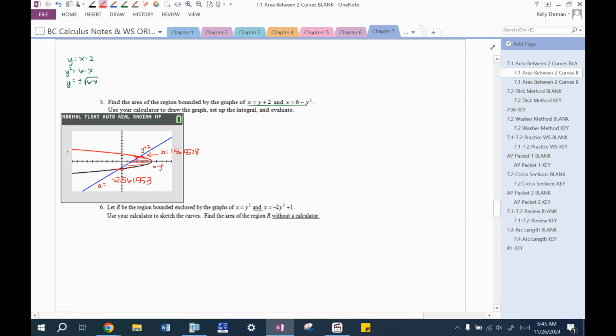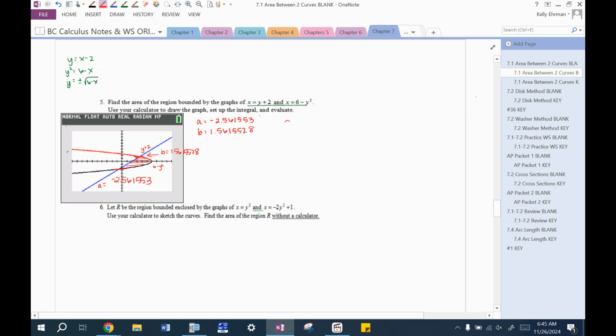Now let's define those more clearly. A is negative 2.561553, and B is 1.56155528. If you define those on your free response question, you're allowed to set up the integral from A to B instead of writing out these numbers all the time.